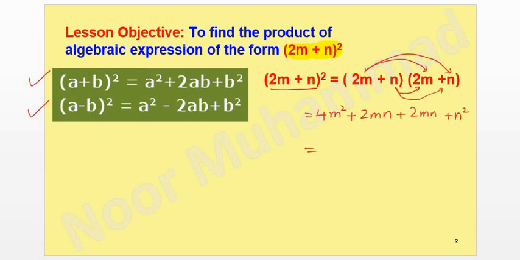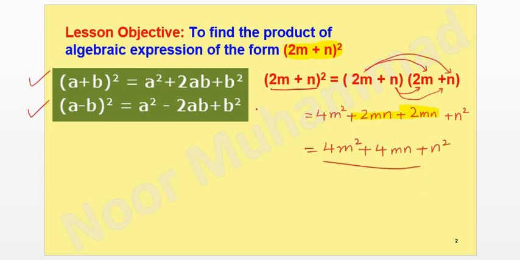Because these two are like terms, they can be solved together, and finally our answer will become 4m squared plus 4mn plus n squared. This will be the final answer.